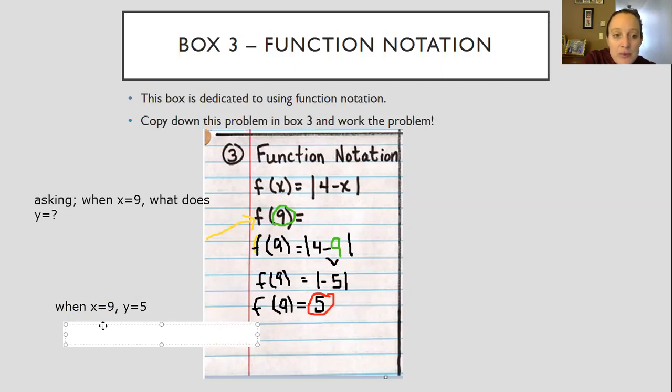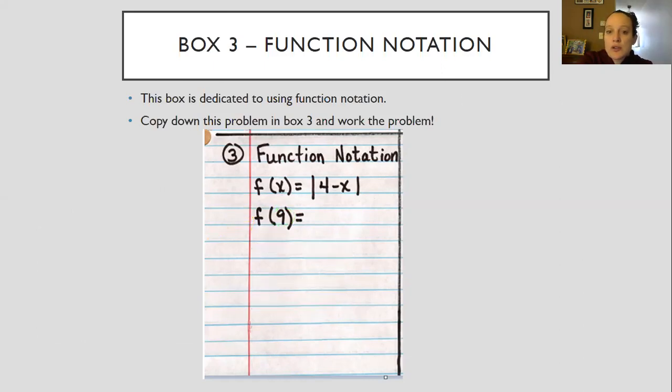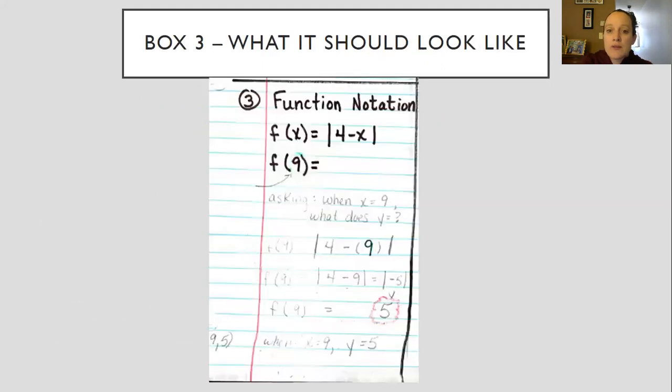That's all this is really saying: if I'm going to graph the absolute value of 4 minus x, I'm going to get the point 9, 5 on my graph. Okay, take a minute and write out what you see here. Make sure you solve this on your own. Pause your video, make sure it's all here. And here is what it should look like when you are finished.